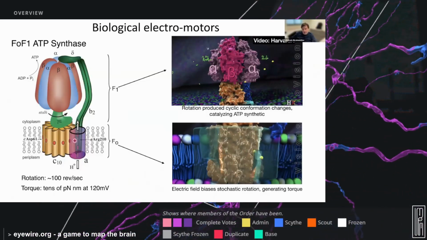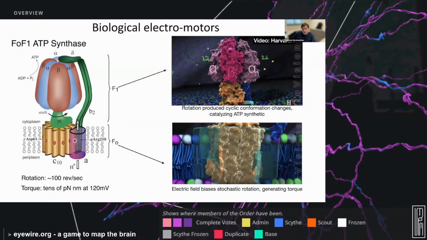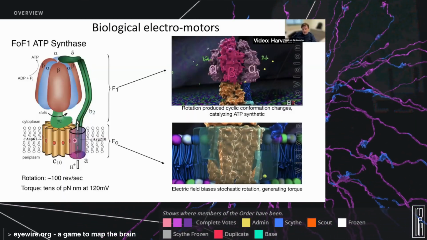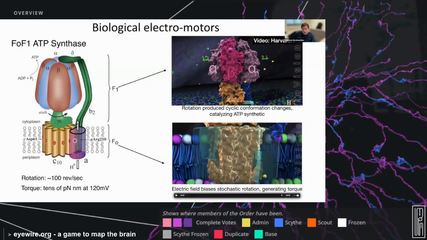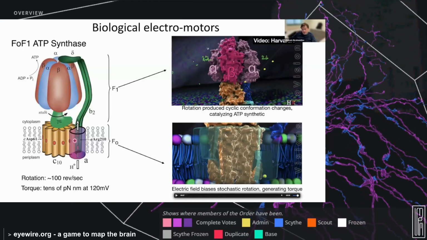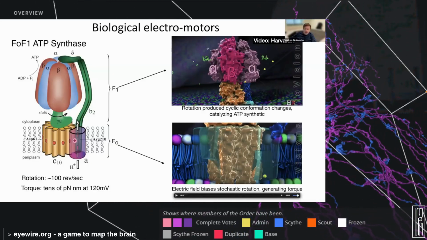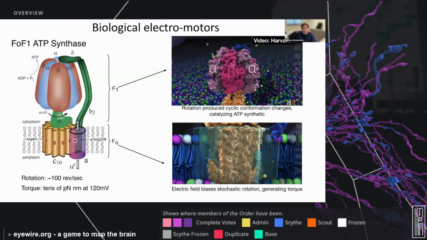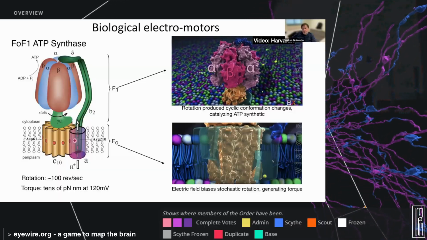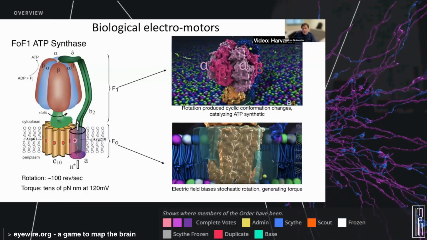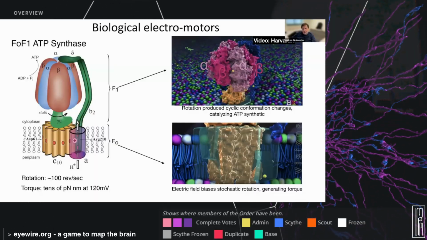The way it works is you have a membrane part that converts an electrical gradient and chemical gradient of proton species into torque.